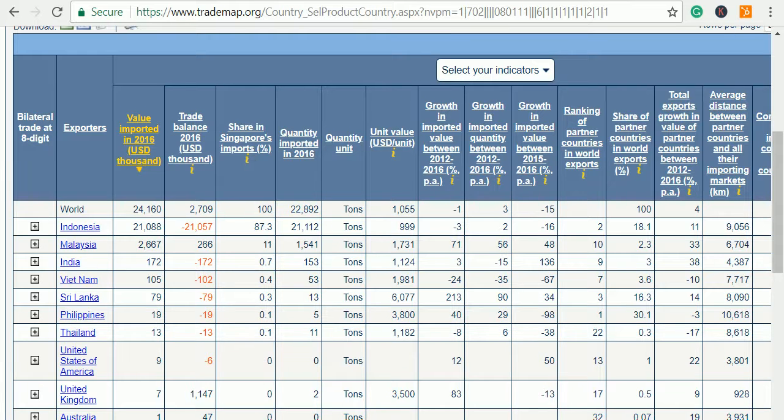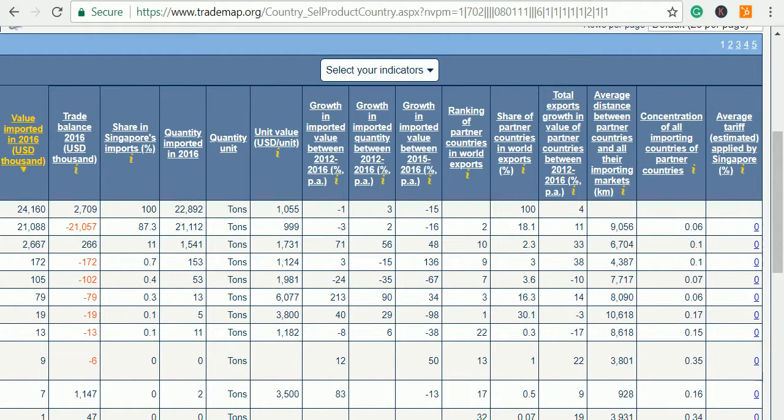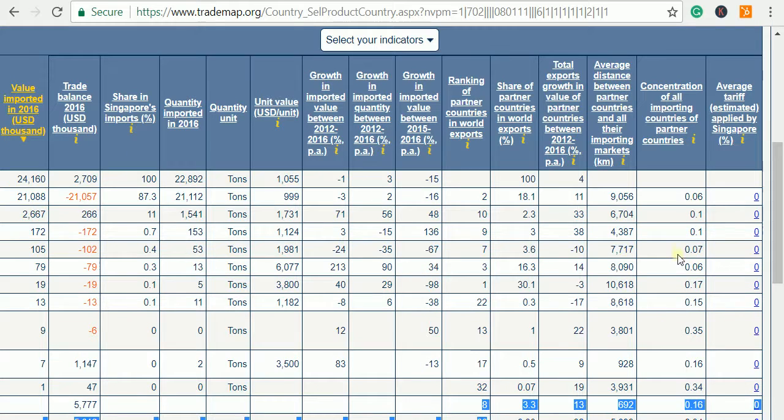And when I scroll to the right, it shows the concentration of the supplying countries, partner country. So here India's value is better than the top two competitors in that particular country. So here Singapore importers are preferring to buy from Indian exporters.